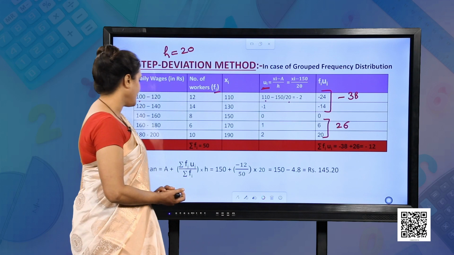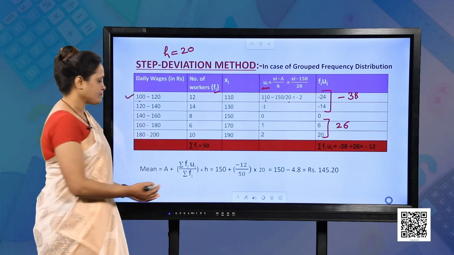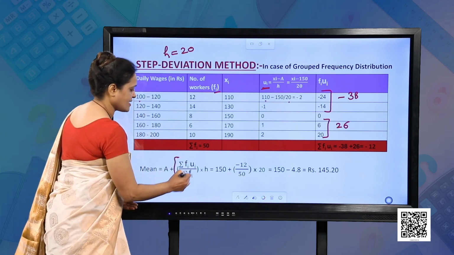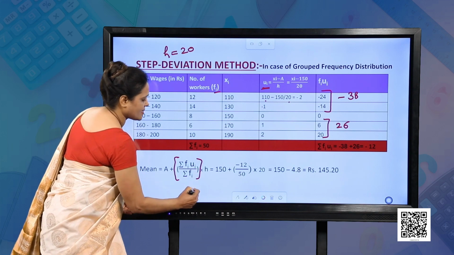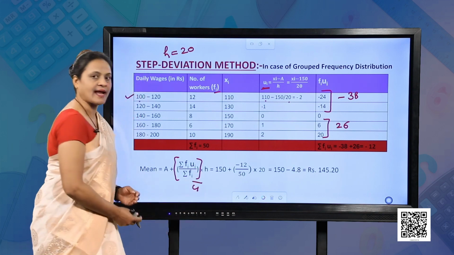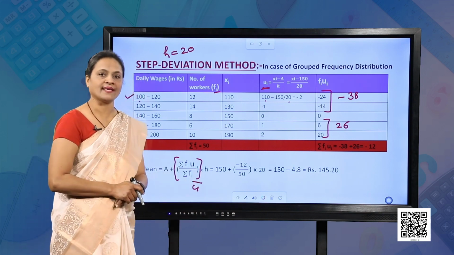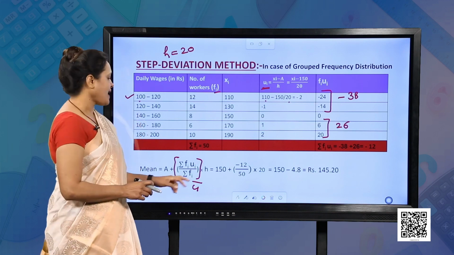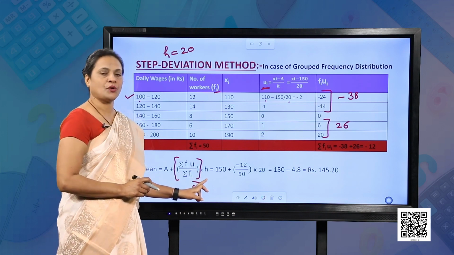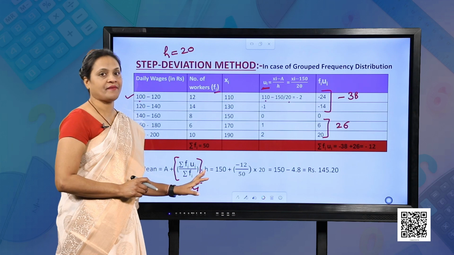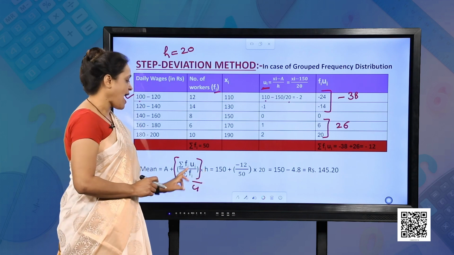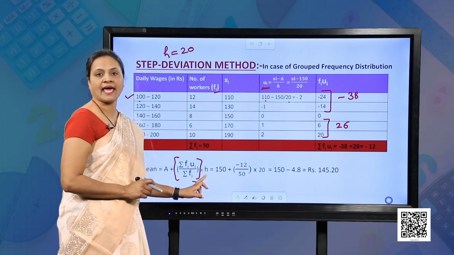To calculate the mean, this expression represents u bar, that is the mean of all the ui's. But you remember that all the xi's were divided by h, 20. So, I have to now multiply by h.